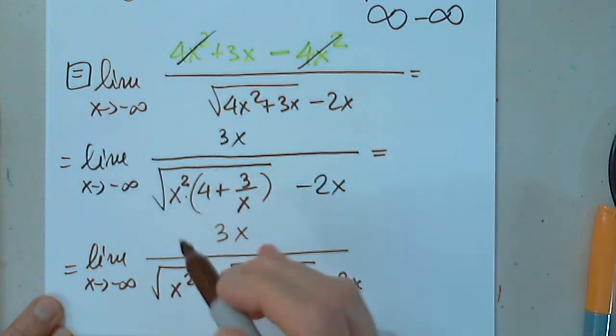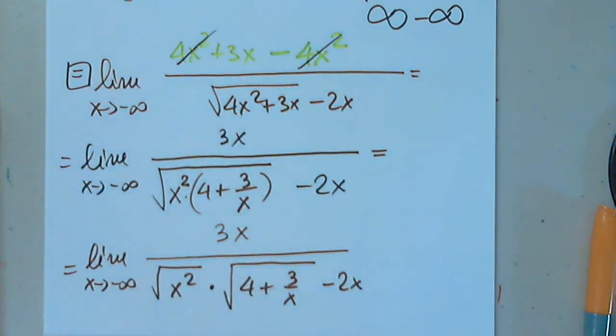Only in a product we can separate the radicals, or a quotient, a ratio. Now I have to make sure that I remember what this equals based on the fact that x approaches negative infinity. This is another super important step. If I miss this one, I mess up the whole thing.